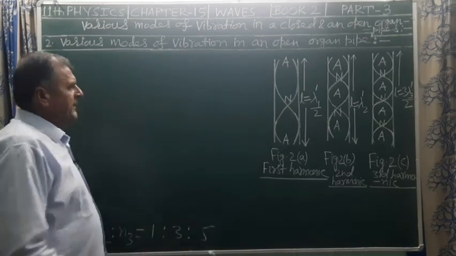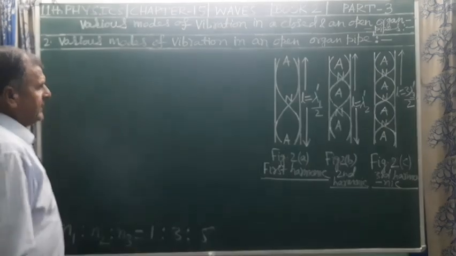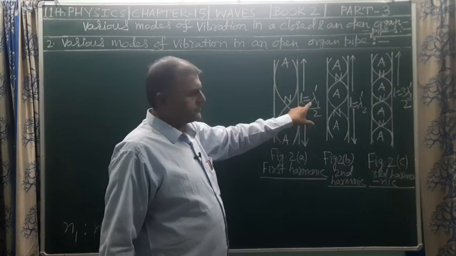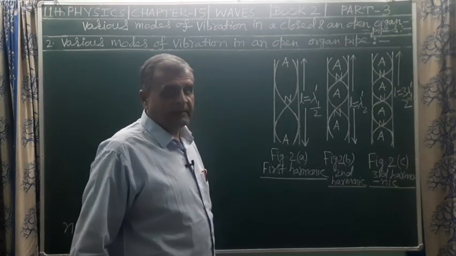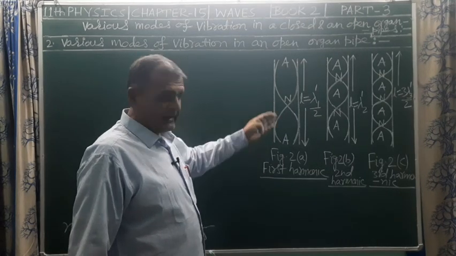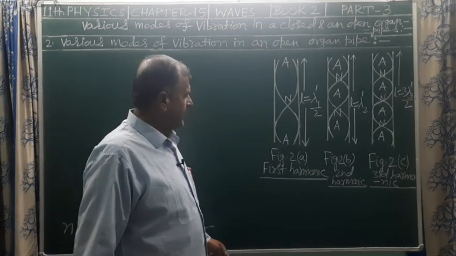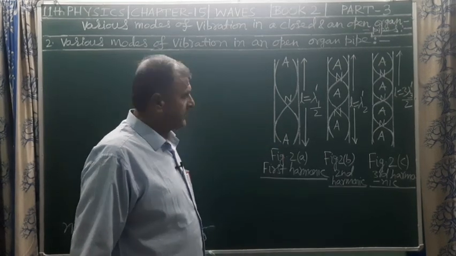So in the simplest mode of vibration in an open organ pipe, length of the tube is lambda 1 dash upon 2, where lambda 1 dash is the wavelength of the wave produced inside the open organ pipe in first mode of vibration.